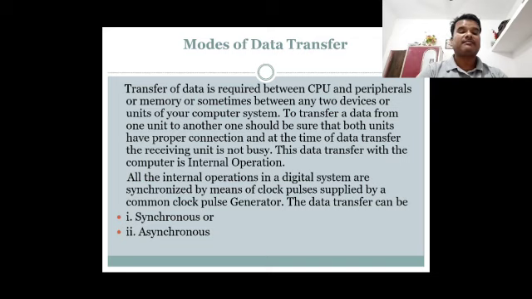All the internal operations in a digital system are synchronized by means of clock pulses supplied by a common clock pulse generator. The data transfer can be, as we all know, first synchronous data transfer and second asynchronous data transfer.